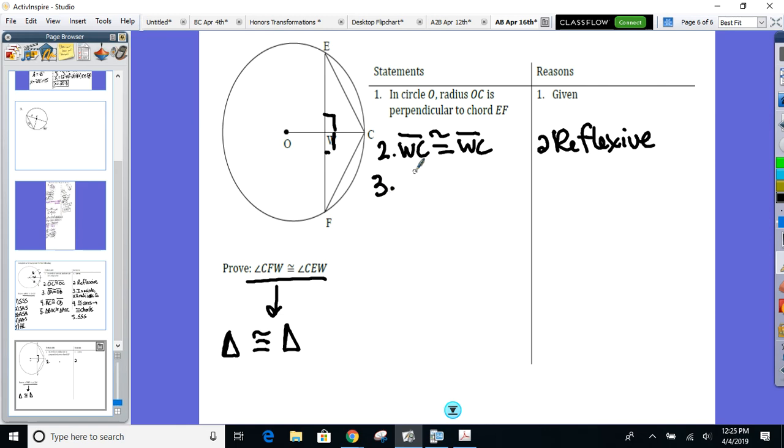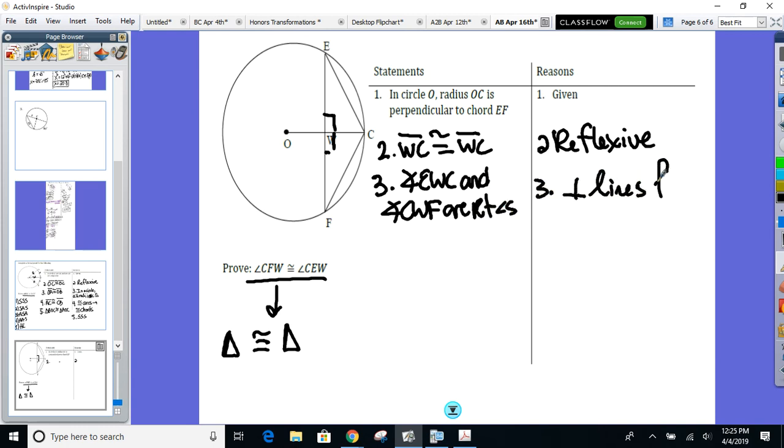But first we need to say that angle EWC and angle CWF are right angles. And if you remember our reason, perpendicular lines form right angles. And then the next step, now you can say they're congruent. And the reason: all right angles are congruent.